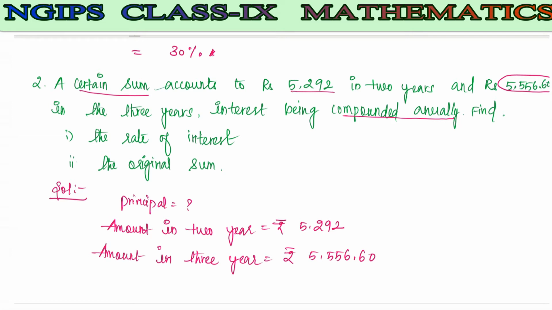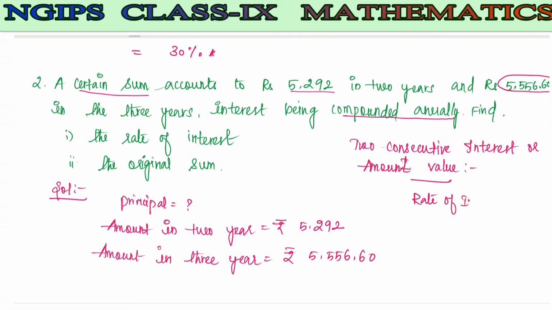Now whenever they give two consecutive interests or two consecutive amounts, and ask us to find the rate of interest, we have to use the same formula.